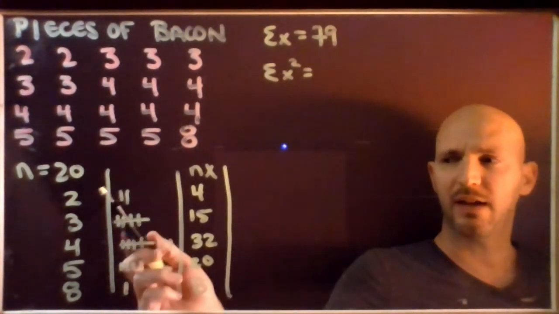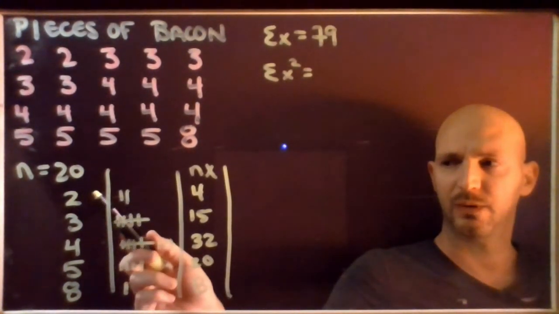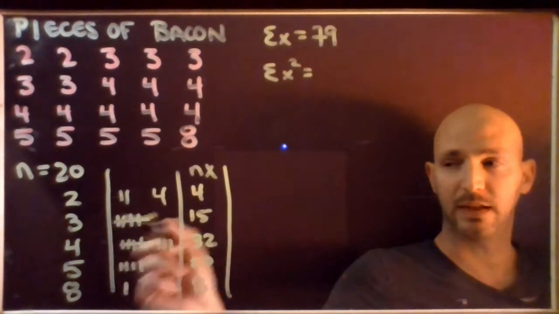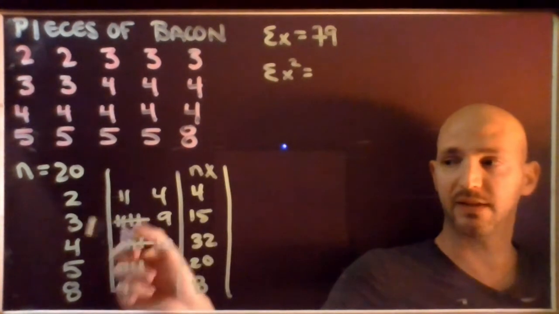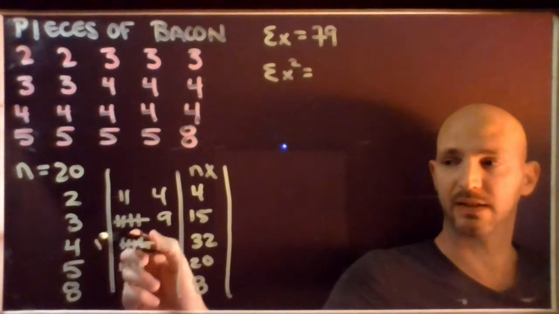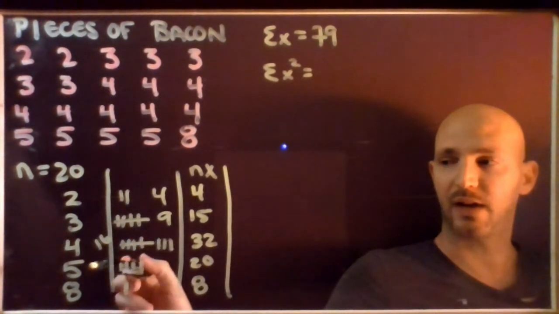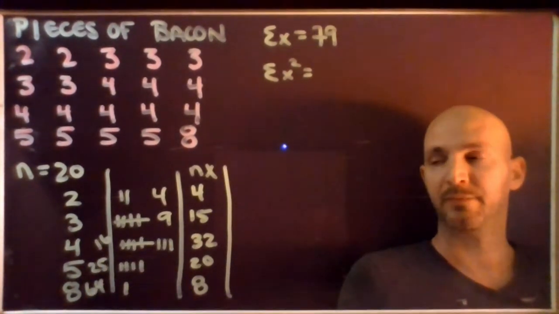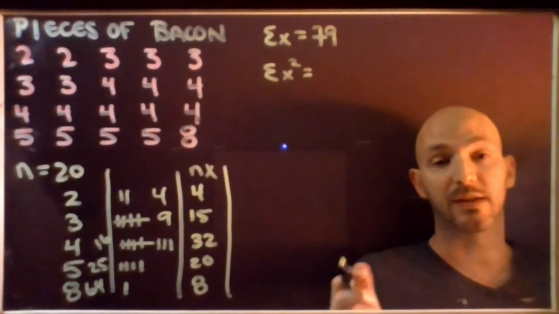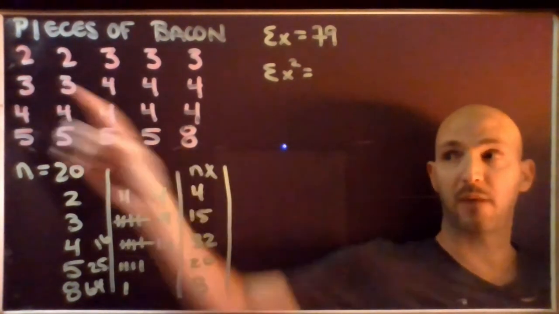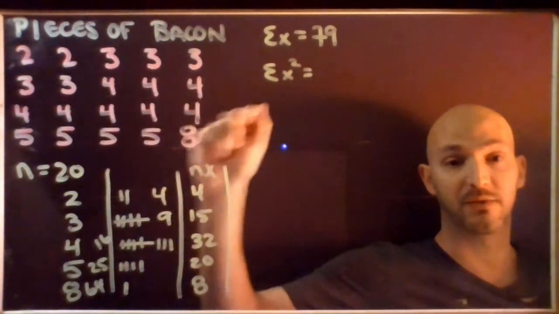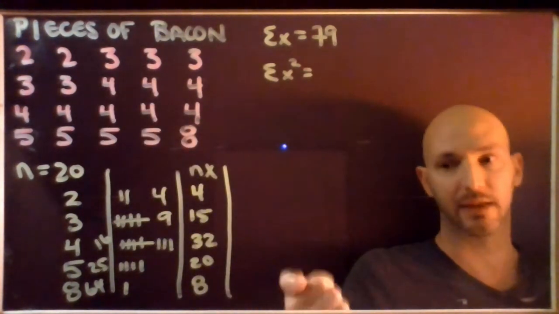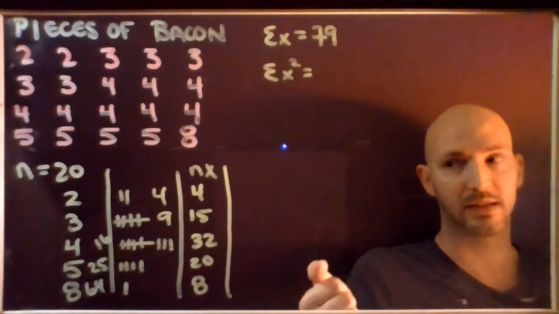So if I squared 2, I would have 4. If I squared 3, I would have 9. If I squared 4, I would have 16. If I squared 5, I have 25. And if I square 8, I get 64. So when you were doing this in your list, you probably went through and squared all these numbers individually, wrote them down beside the numbers, and then again went through and went this plus this plus this plus this.